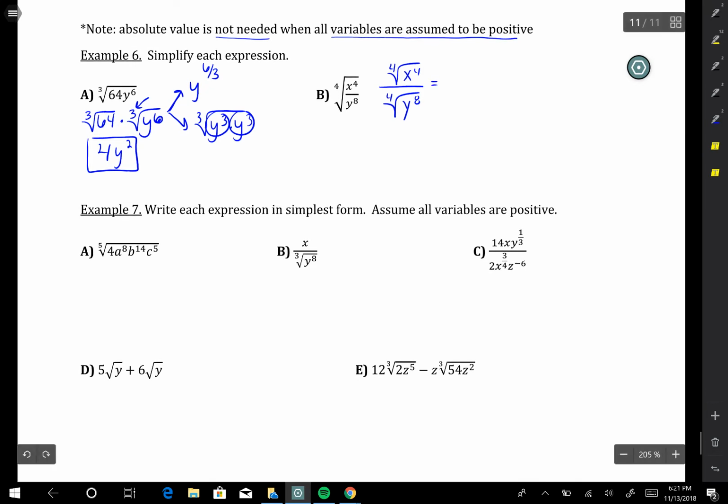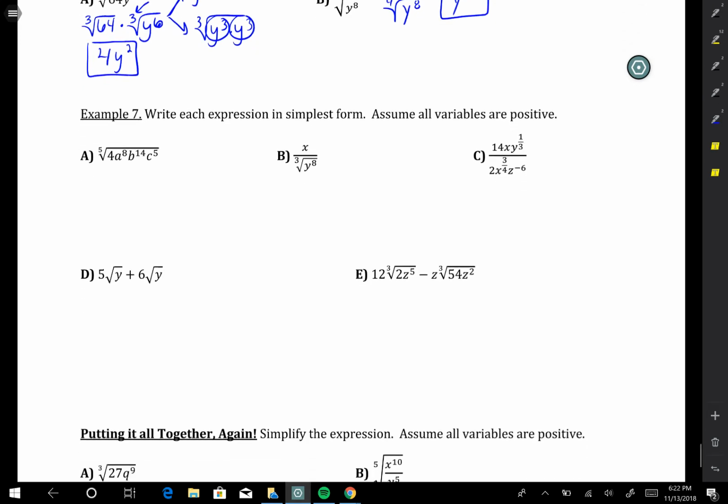And this is a case where we will need absolute values because that's an even root. So that x could have been negative, right? And then the fourth root of y to the eighth, 8 is divisible by 4. It goes in there 2 times. That would be y squared. Now, we don't need absolute value bars around the y squared because when we square something, it's going to be positive anyway.